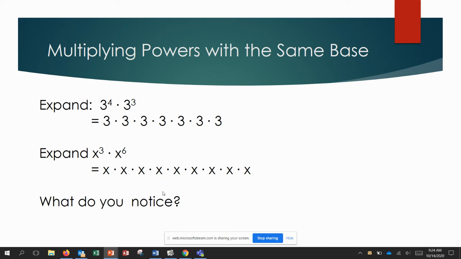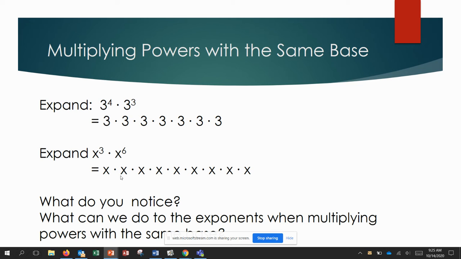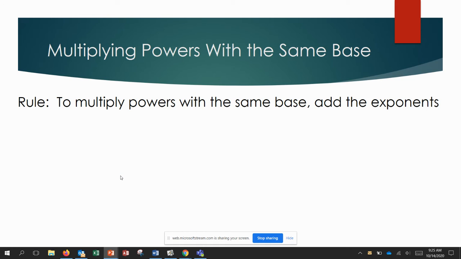You should notice that the number of x's we're multiplying in this case is the sum of our two exponents. So we can represent this with x to the 9th because we're multiplying x by itself 9 times. In this case, you should recognize that we're multiplying 3 times itself 7 times, which is the same as 3 to the 7th. So our rule is going to be to multiply powers with the same base, we need to add the exponents.